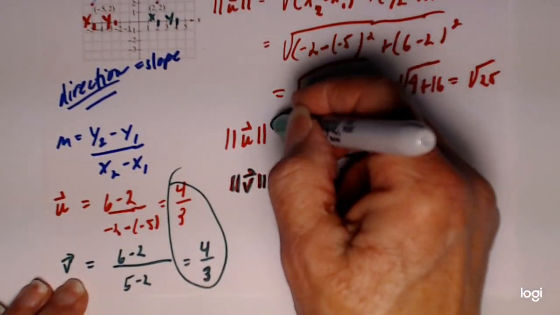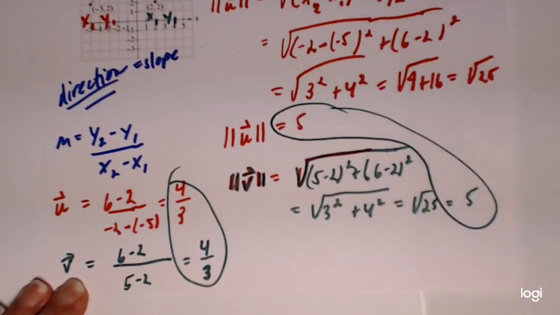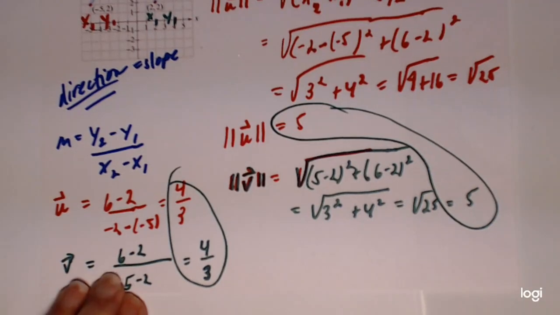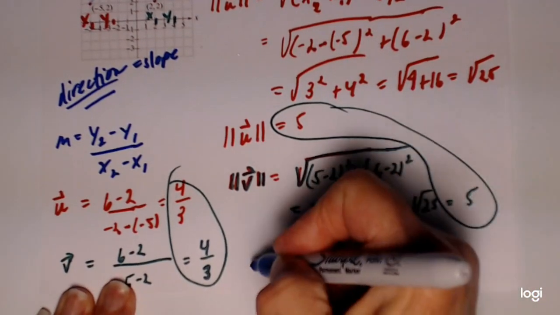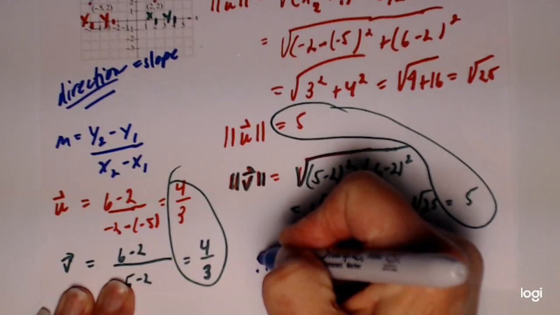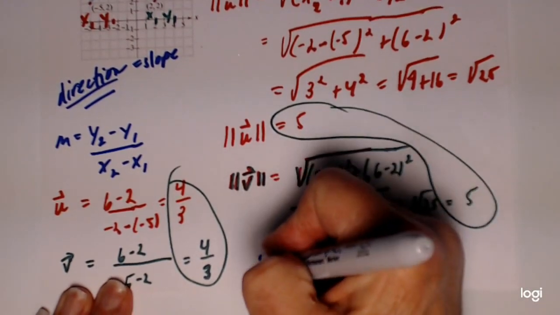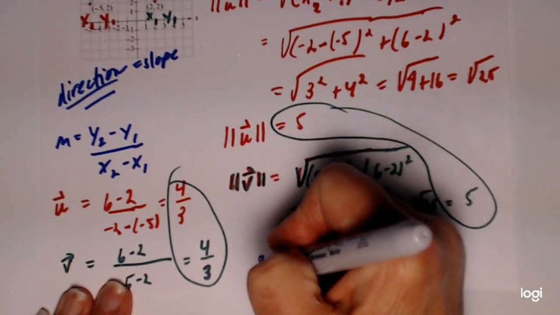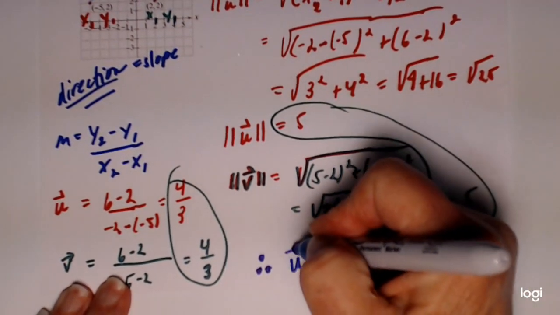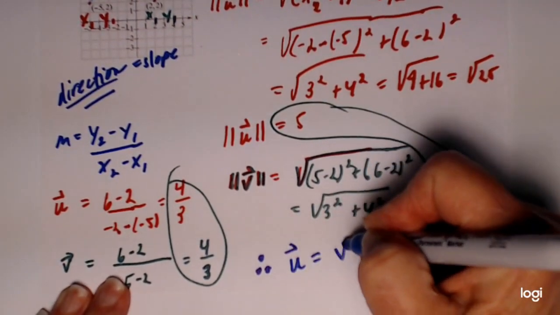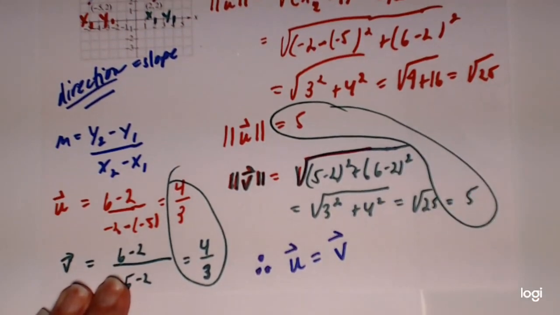And our magnitudes are the same. So because both the magnitude and the direction of these vectors are the same, the conclusion, this means conclusion in math, 3 little dots there, the conclusion would be that vector u is indeed equal to vector v.